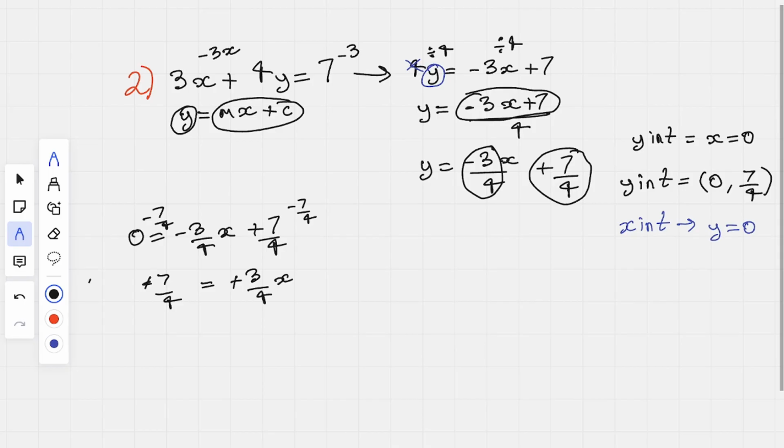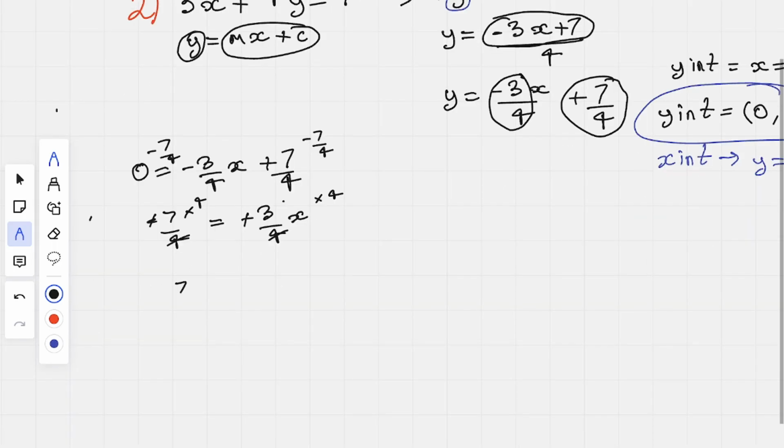And then you can also cancel the 4 and 4. I'll tell you why. Because if we take the 4 to the other side, multiply both sides by 4, it would become 7 times 4 over 4, and the 4s just cancel. Now this would therefore become 7 is equal to 3x.